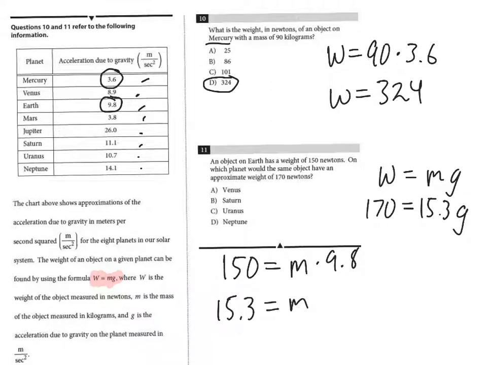We'll solve this and we can just pick from the list. So 170 divided by 15.3, that's going to be 11.1 equals acceleration due to gravity. And we can see that that is Saturn, so our answer is B.